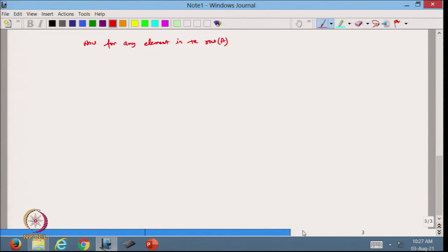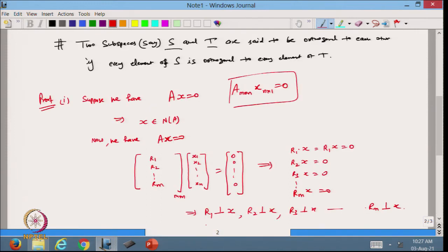So any element in the row space of A can be written as C1 R1 plus C2 R2 up to Cm Rm, because it will be the linear combination of these rows.